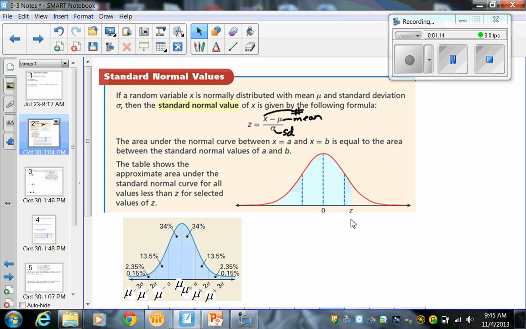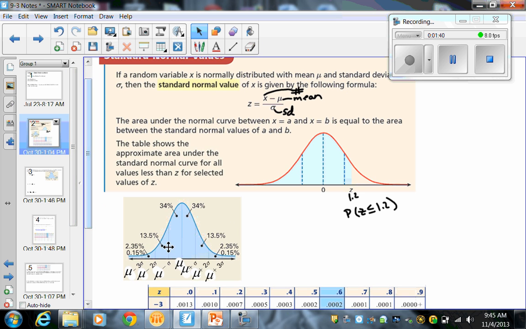If I find out that this z-score was, say, 1.2, then whatever this area is would be the value for the probability that the number is less than or equal to 1.2.